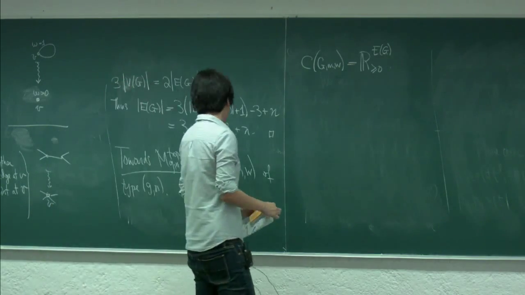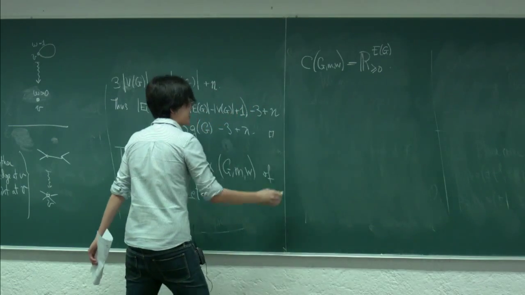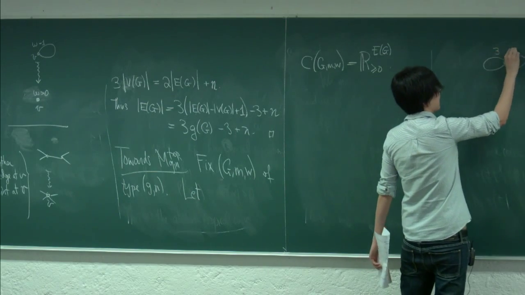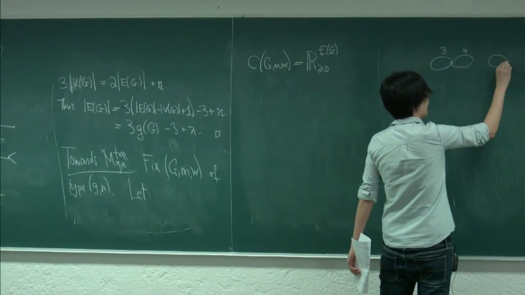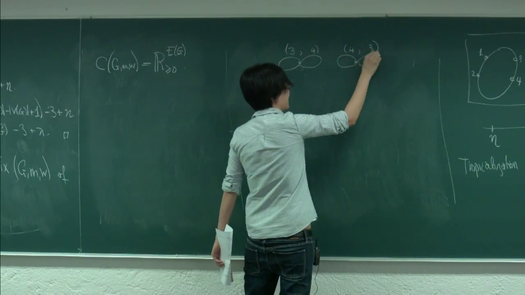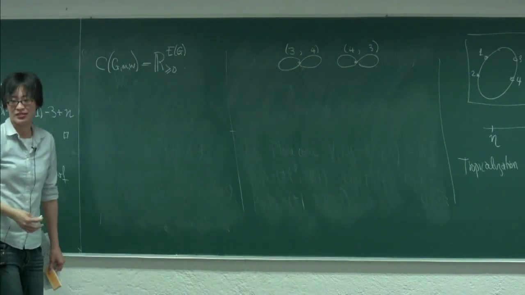Now that is almost right, except that we're overcounting by potential automorphisms of this combinatorial type. So if I fix a combinatorial type, and you give me 3 and 4 versus 4 and 3, you're really specifying the same tropical curve up to isomorphism.